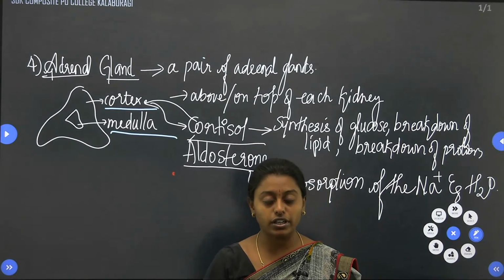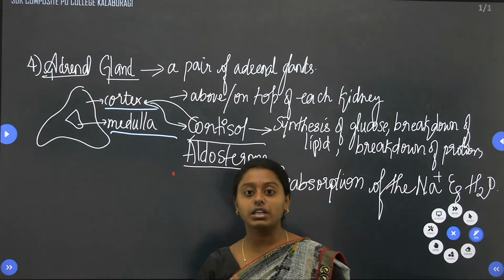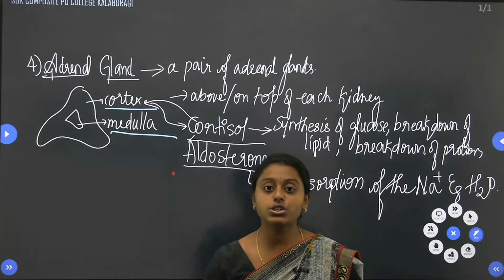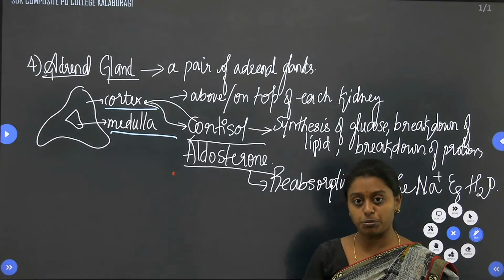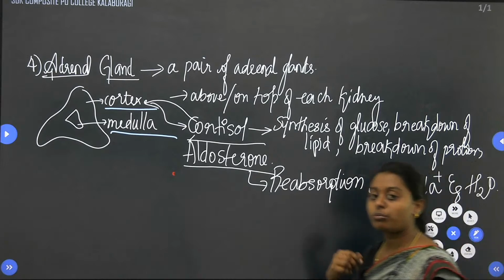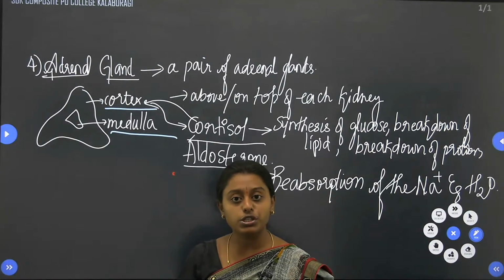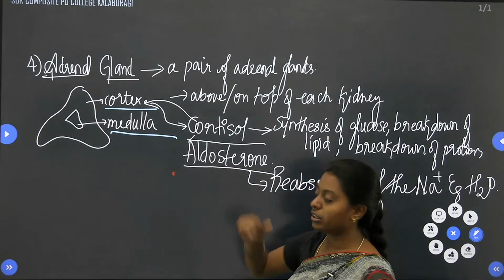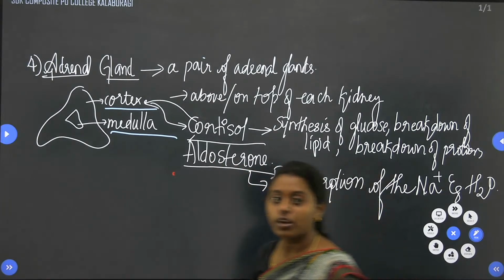To prevent the dehydrated condition, water has to be retained or conserved within the body. That conservation is done by reabsorption of sodium as well as water from the filtrate which is being excreted through the nephron. So that functioning is done by the aldosterone hormone.